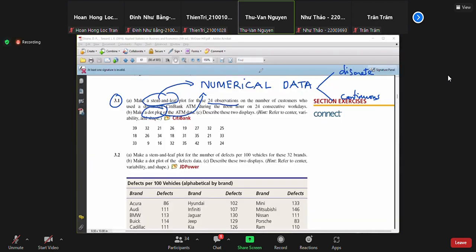Continuous, for example, P ratio, which I have already shown you. Discrete, for example, here the number of customers, which is counting numbers, right? So we will use the stem and leaf plot and dot plot to describe the numerical data.